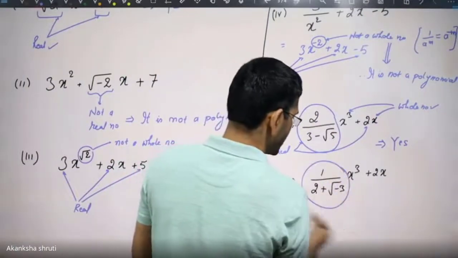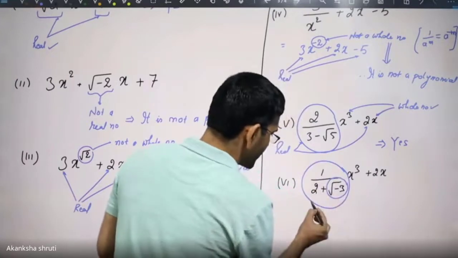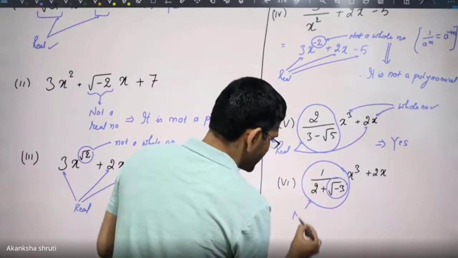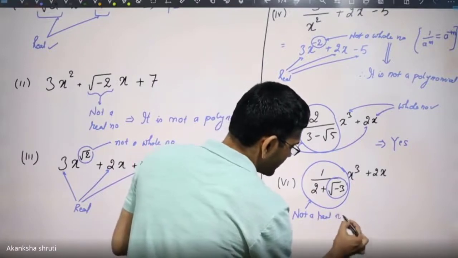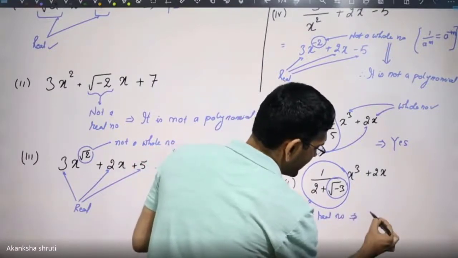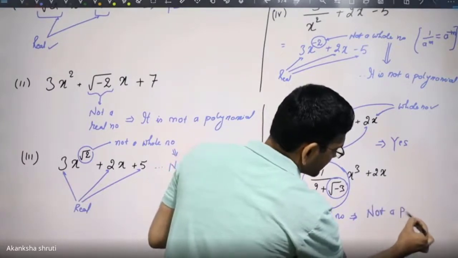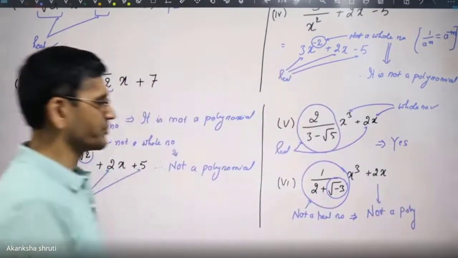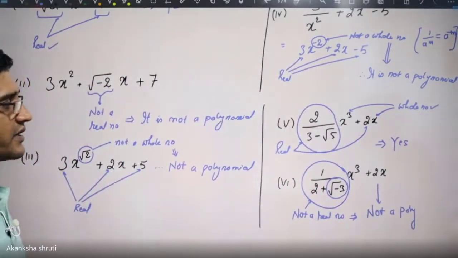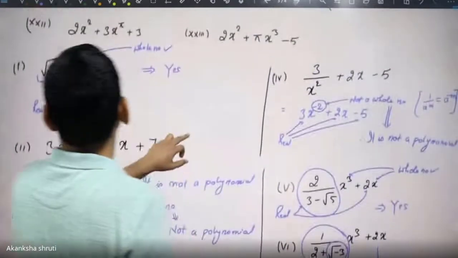Student, here because of this under root minus 3, this number is not a real number. The coefficient is not a real number, so it is not a polynomial. Therefore ये expression कभी भी polynomial नहीं हो सकता है. Correct? I hope now my students are able to tell me all kind of answers.